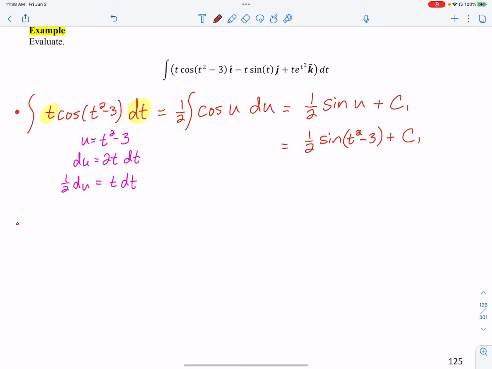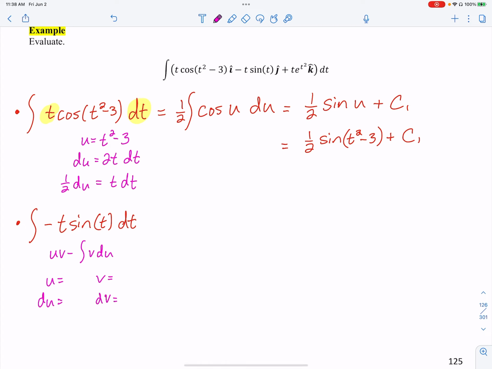Let's do the second one. So it's the integral of negative t sine t dt. This is going to require integration by parts. Integration by parts is uv minus the integral of v du. And then I need to assign a few things to make that work out cleanly for us.